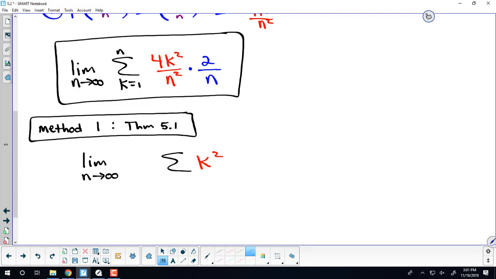So we have 4 times 2 over n squared times n. And then, of course, the sum goes from 1 to n. Is everybody all right with that step?